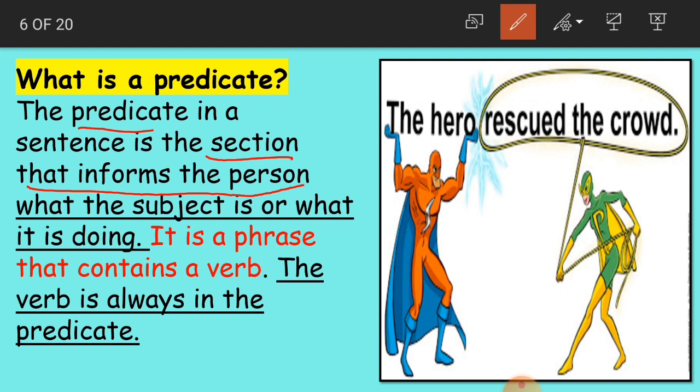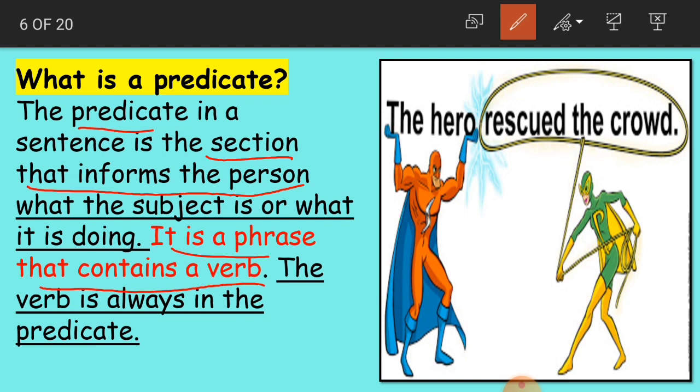See, until now we have talked about the subject. Now the predicate, what does it do? It is going to tell about the subject, like what the subject is doing. So that complete part is going to become a predicate, and it is a phrase that contains a verb.